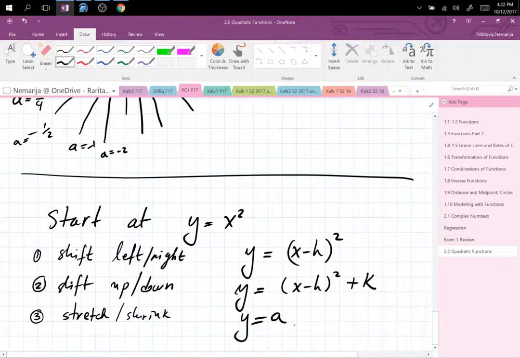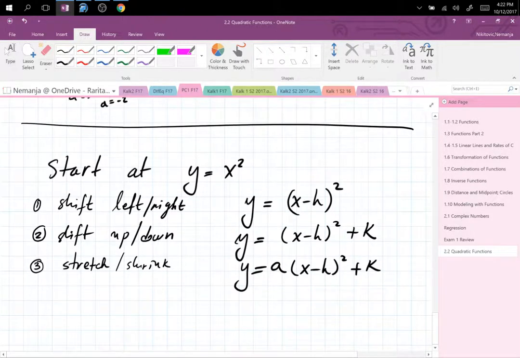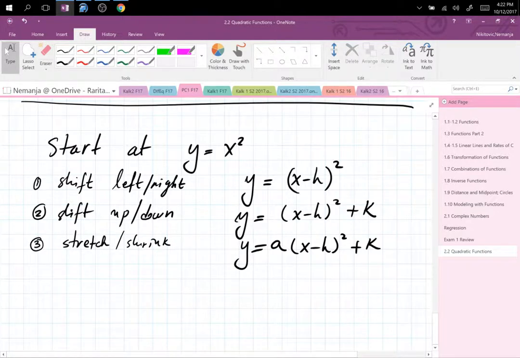And that's your A. And I hope that you see that we actually built this just using concepts from 1.6. And instead of using, you know, what I used earlier, the plus minus C every time, now I'm using H and K. What you get is the equation. This is where the power is.